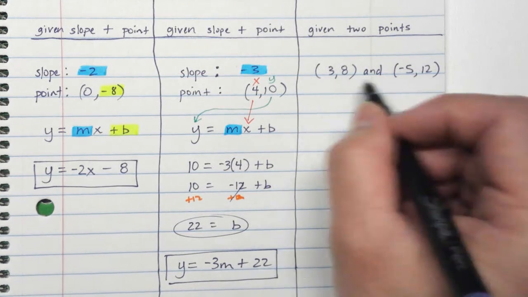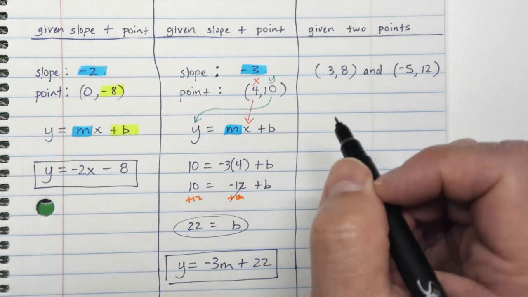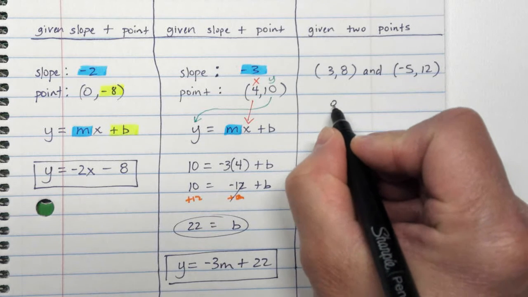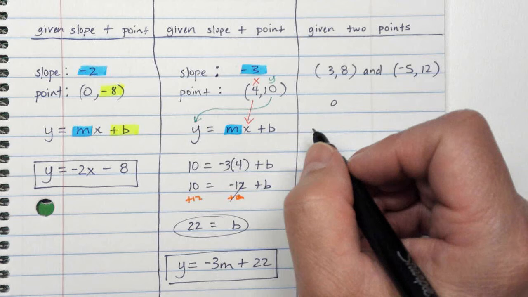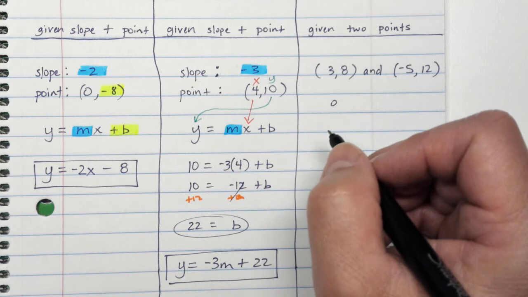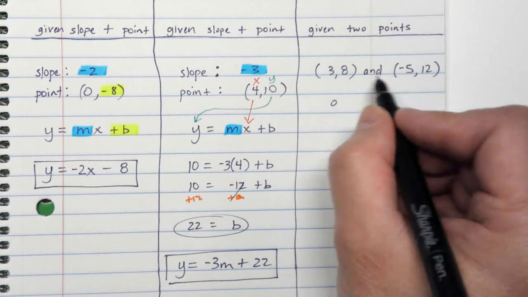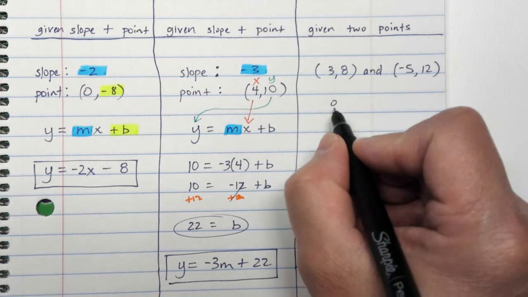So, 2 points. You're going to write 2 equations. Why am I teaching you it this way? Because in the future, this method, this procedure, this way of doing things works for all types of functions. We give you 2 points, you write 2 equations.